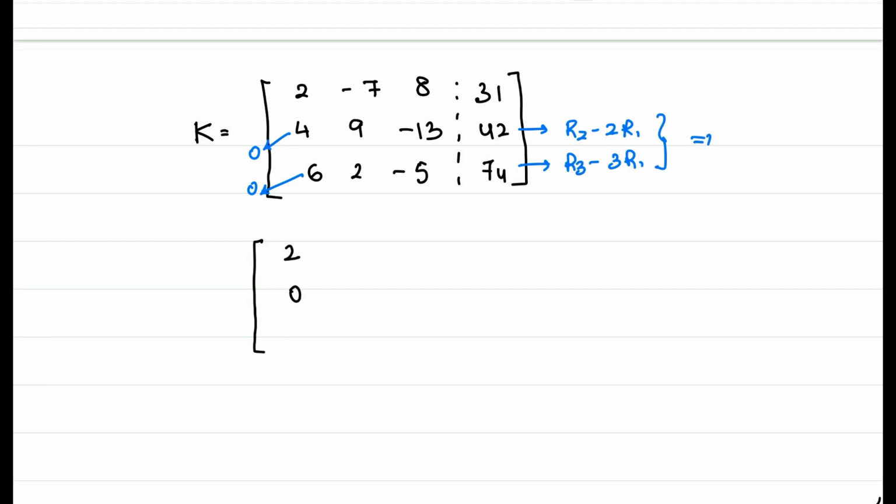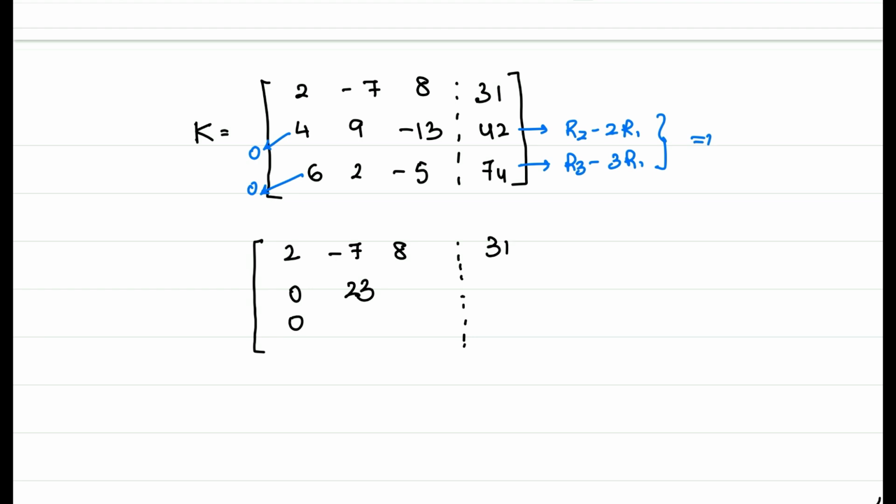2 0 0. The first row will not change even for the augmented matrix, and the second row will change, R2 minus 2R1. 9 minus 2 into 7, that is 9 plus 14, it becomes 23. These operations I have explained in my previous videos.